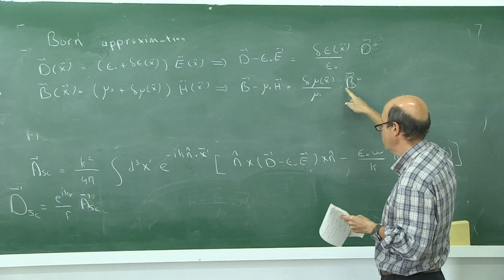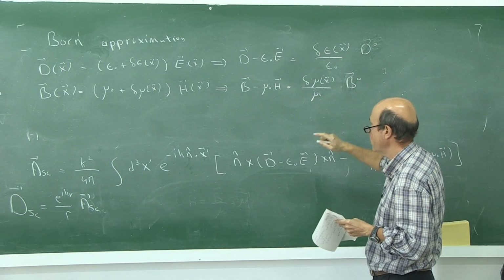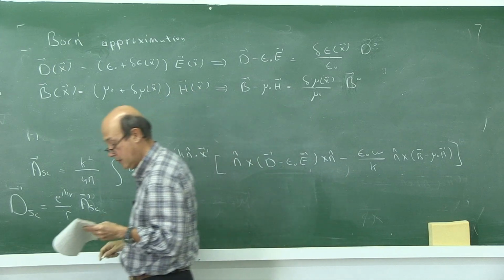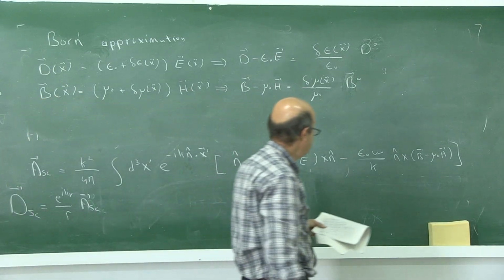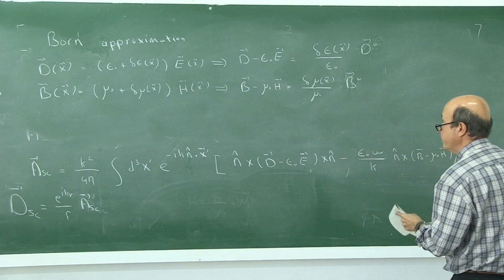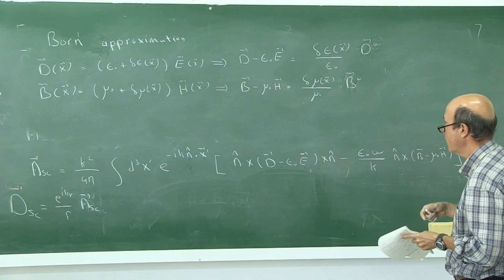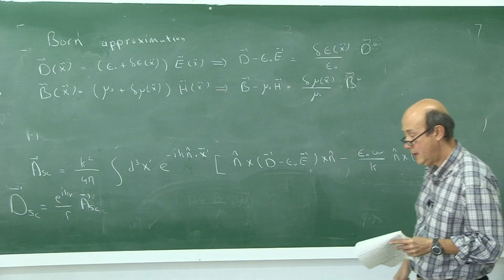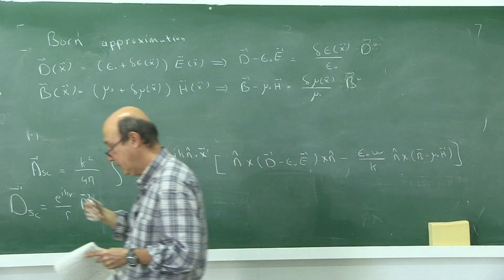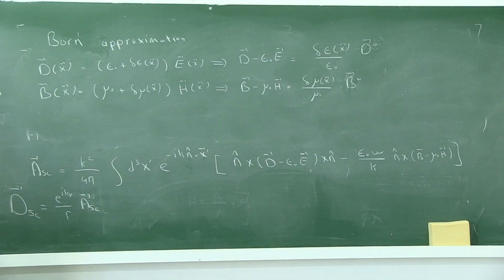B is equal to mu 0 H, and mu 0s will be cancelled, and they are the same equations. So what are the B0 and D0? They are nothing but the incoming components of the electric and magnetic field of the incoming plane waves.